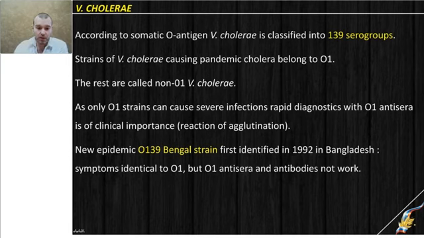So it was really so until recently, about 30 years ago, when a new strain, O139, was described. It was identified in Bangladesh and caused some outbreaks, and it was confirmed that not only O1 but that strain can cause epidemics as well.